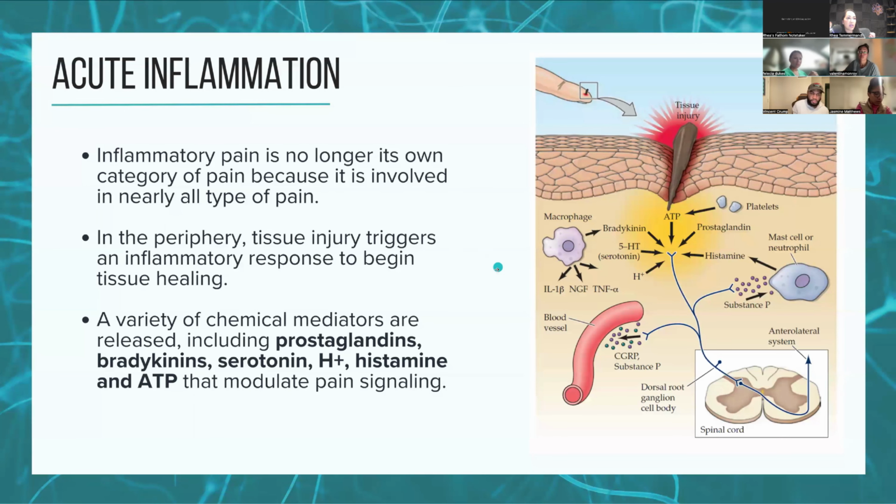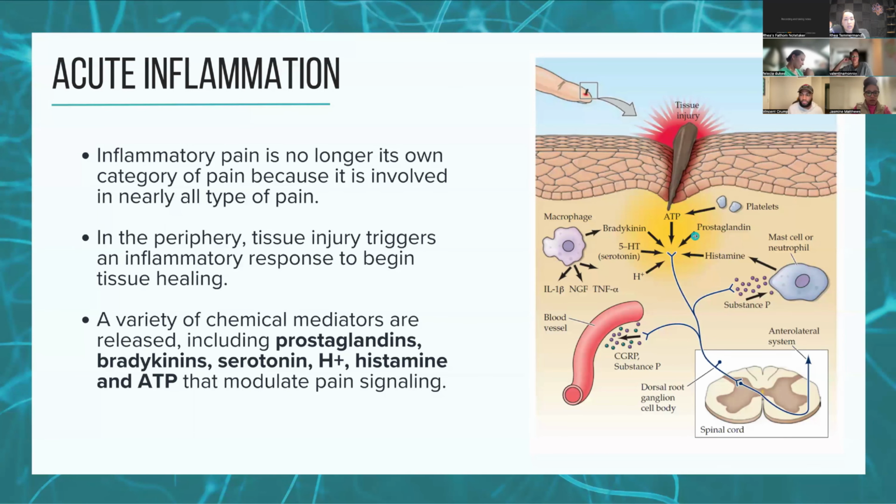There's lots of chemical mediators that are released, like prostaglandins, serotonin, histamine, and ATP, that bring white blood cells and other types of immune cells to the area to help wound healing.